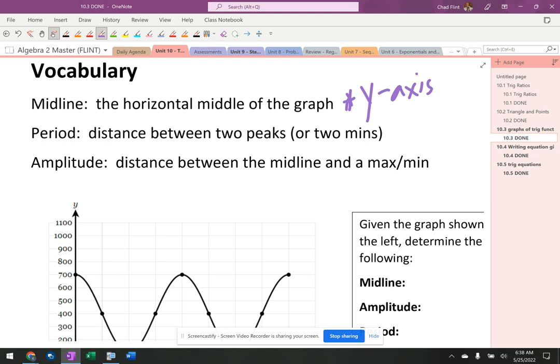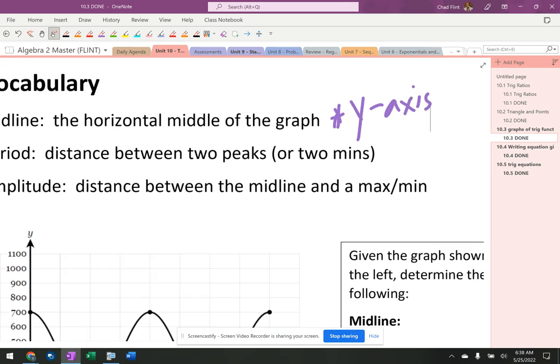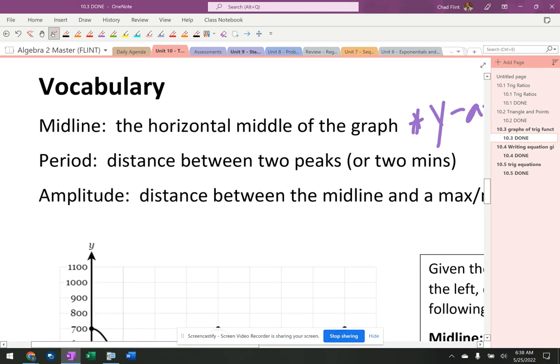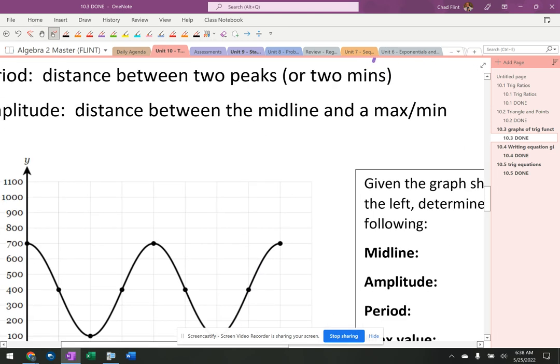The amplitude is how far away it goes from the midline, so from the midline to the top or the midline to the bottom. How much does it deviate from its center point? Those are the three most important things to be able to figure out because they're going to help me put the numbers on my graph.